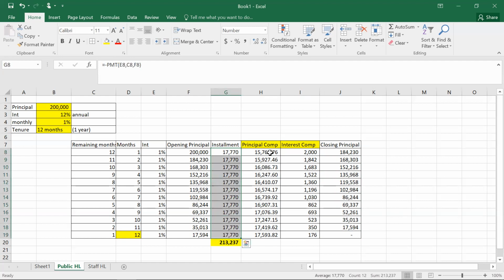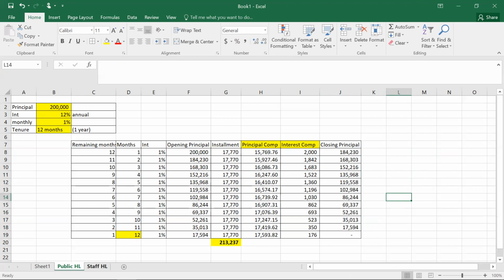In every installment, the principal component is increasing and the interest component is reducing. And this concept of reducing principal is also known as amortization of loan.